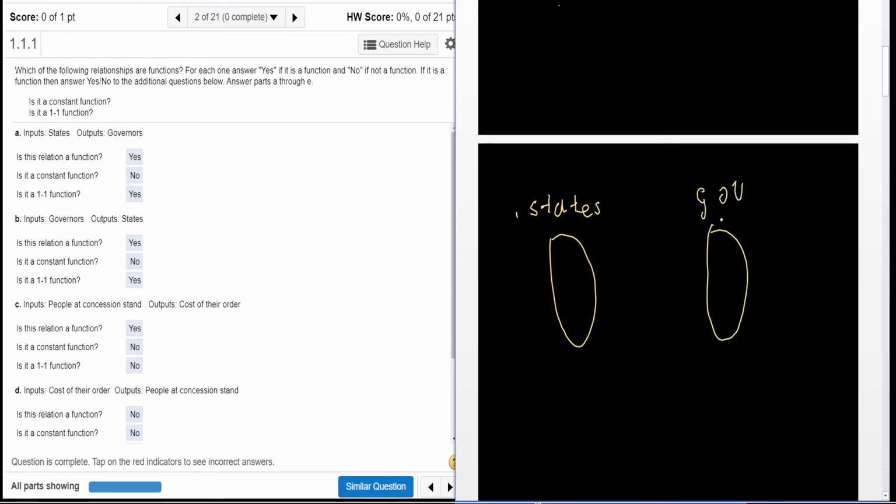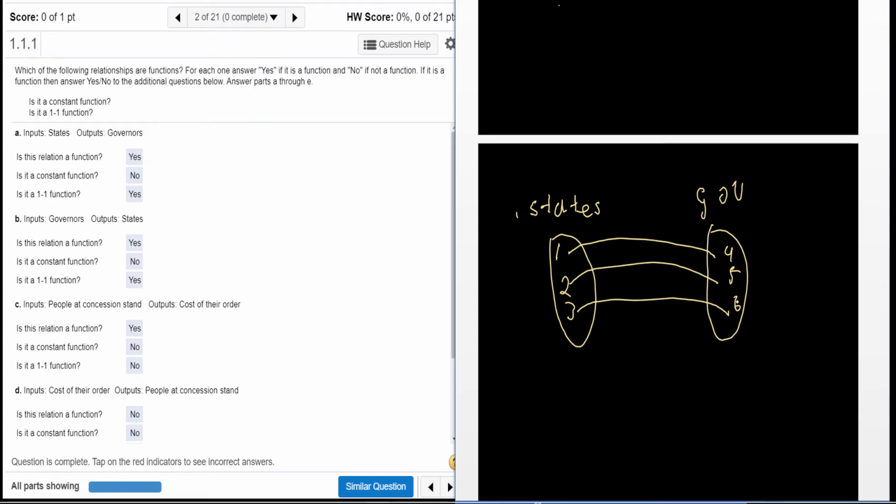Each state has one governor. Each state doesn't have the same governor, but each state has one governor. So you see that it is a function.